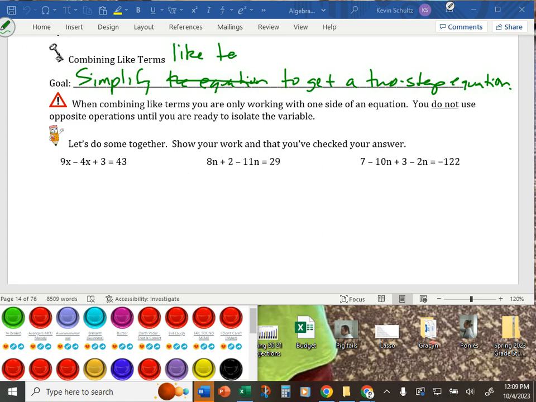That's probably a more mathematical way to say it. Simplify like terms to get a two-step equation.